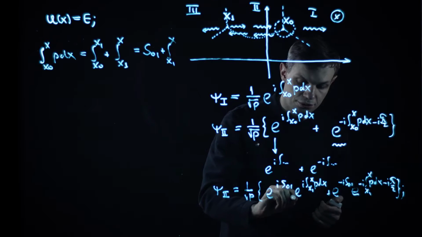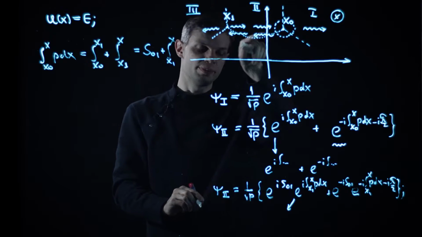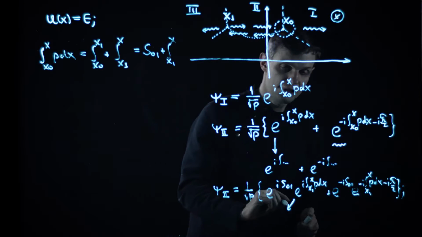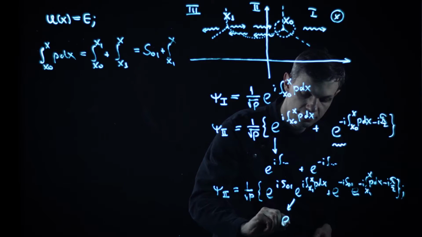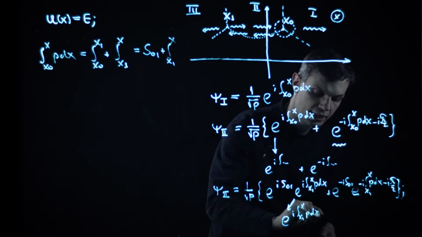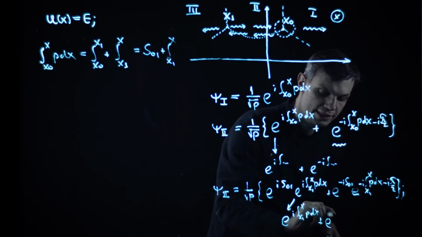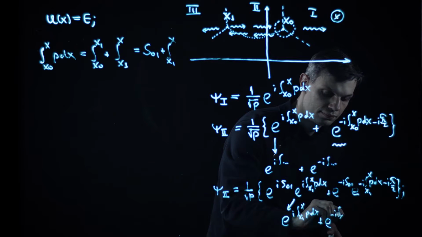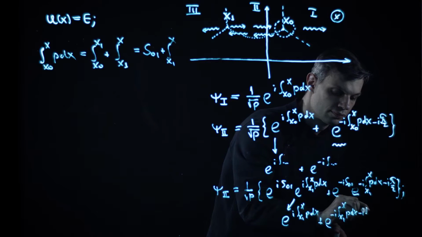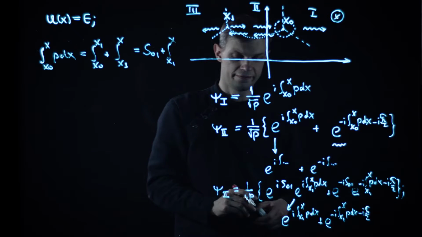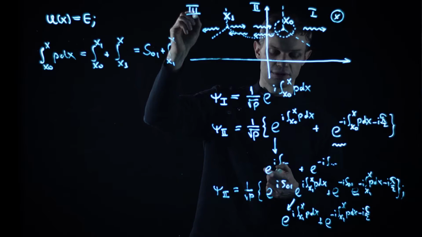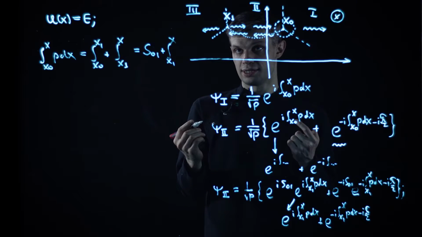Now, according to our general rule, when the transmitted wave, which corresponds to this plus sign exponential, is transformed into the combination of the incident exponential and the reflected one, with the corresponding additional phase. So in the end, when we turn to region 3, there are two reflected waves.